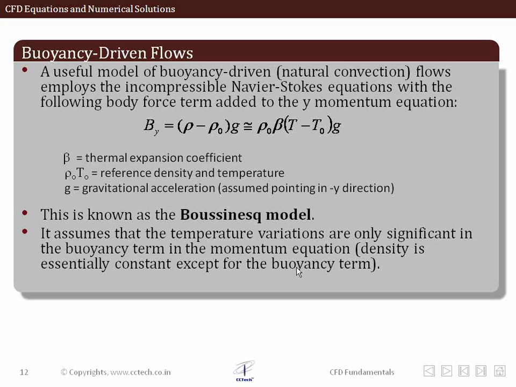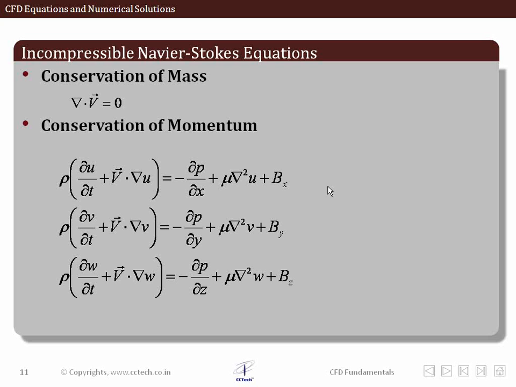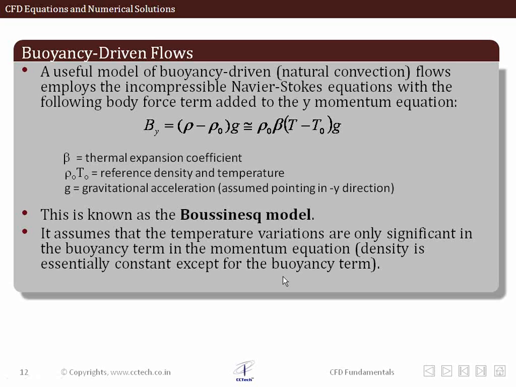In some cases, as you can see here, this body force term can be modified, especially for flows which involve natural convection. This body force might come up in the form of density variation, which according to a simplified model called the Boussinesq model or Boussinesq approximation, says that the density is varying only along one specific direction, which can be expressed as a function of temperature in this format.